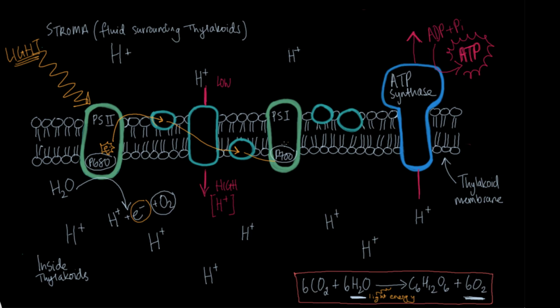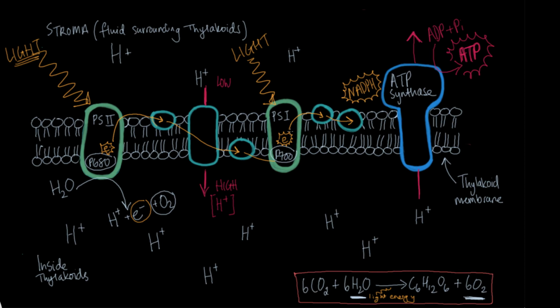Now the electron is over here in photosystem 1. We're going to zap it again with some more energy, some more photons. Now, if you remember what we said earlier, one of the products of the light-dependent reactions was NADPH, which is a high energy molecule.